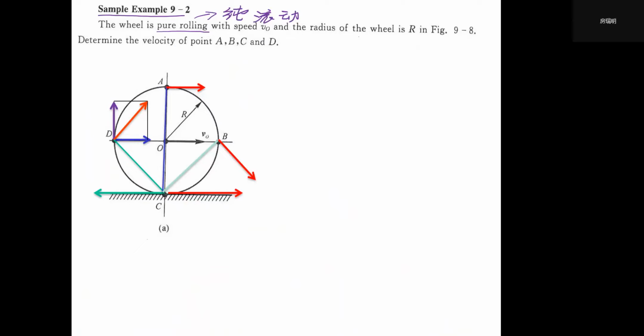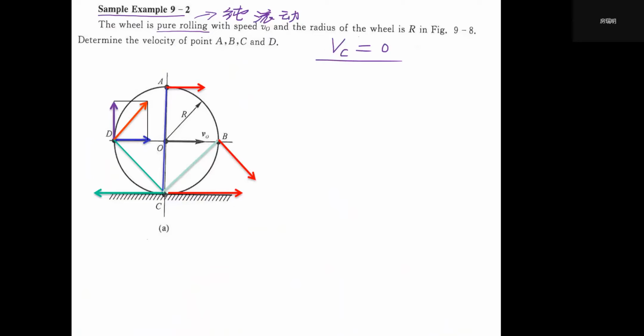Since it is pure rolling, in this contact point there will be no relative movement between the point on the wheel and the point on the ground. That means, although it can roll from one position to another, its contact point to the ground, let's say that point is always C, it always has VC equals 0.